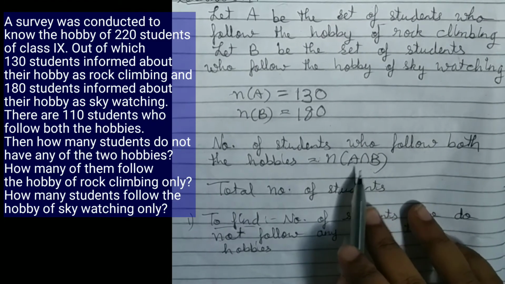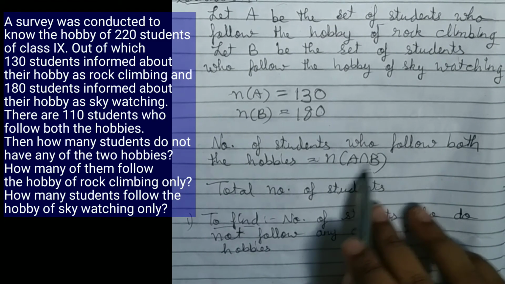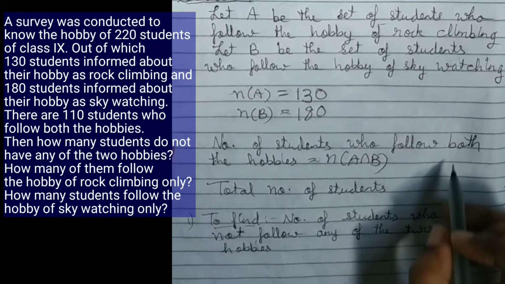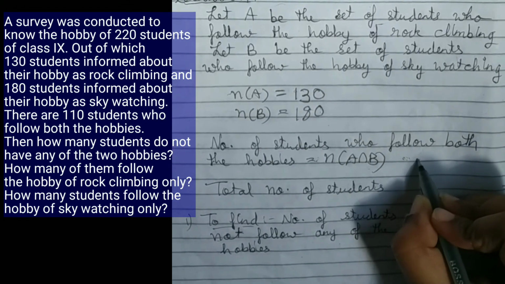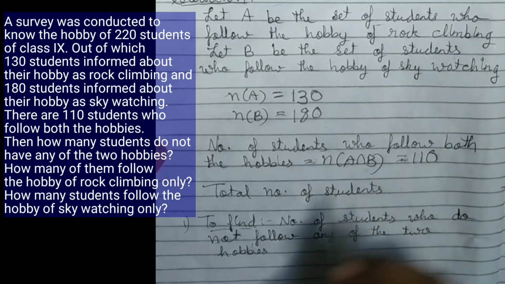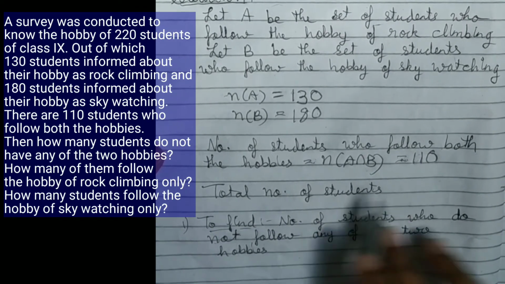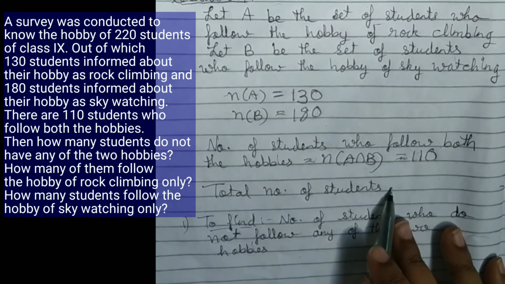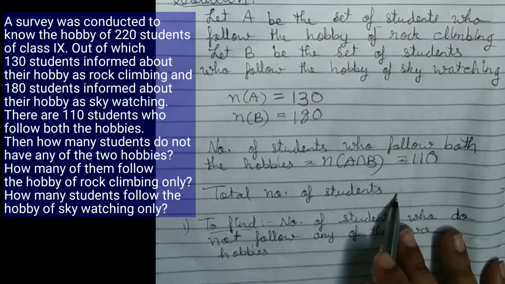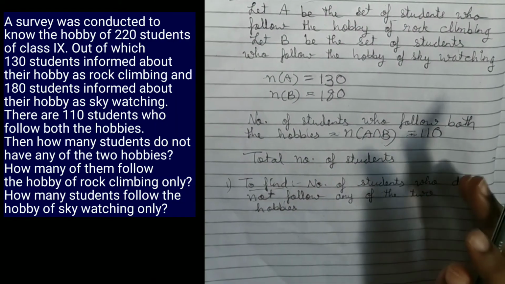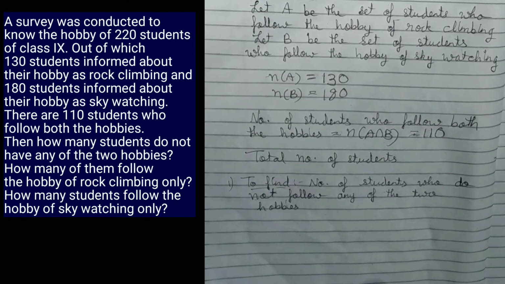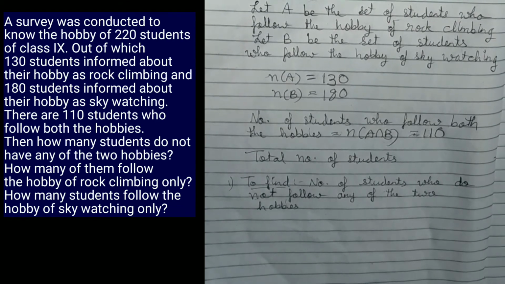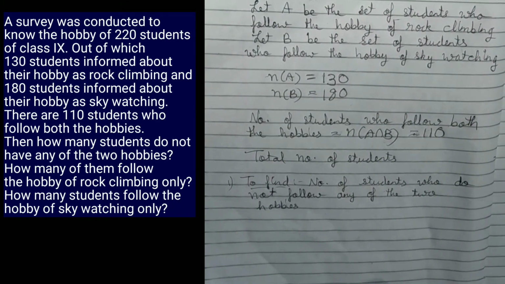Okay, so in this set we will have the students who follow both the hobbies. How much is it given as? It is given as 110. Now the total number of students. See, total how many students are we taking the survey of? See this question. A survey was conducted to know the hobby of 220 students.